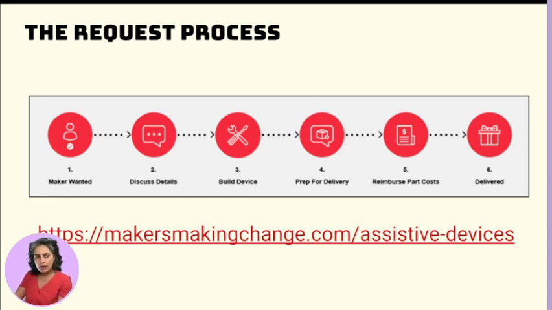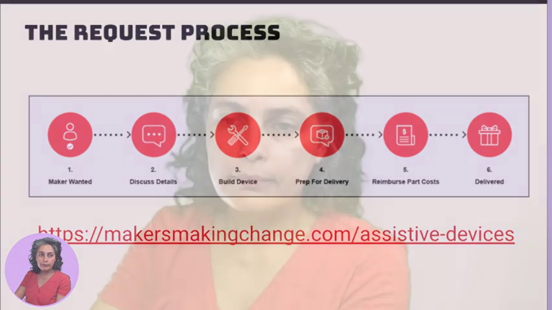A maker on the website will indicate that they can make it. They'll discuss details with you, build it for you, and send it on for delivery. You are responsible for reimbursing only the cost of the materials, and the maker volunteers their time and expertise and then sends it out to be delivered.